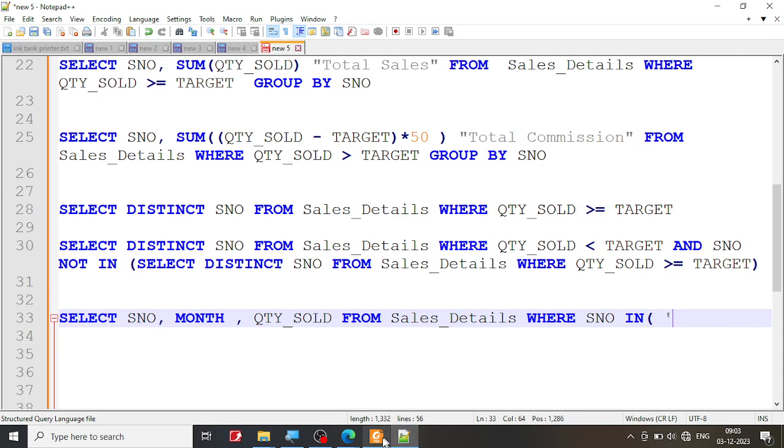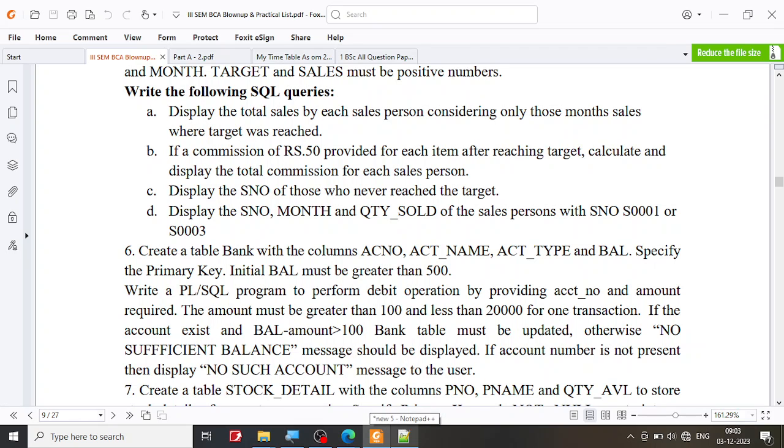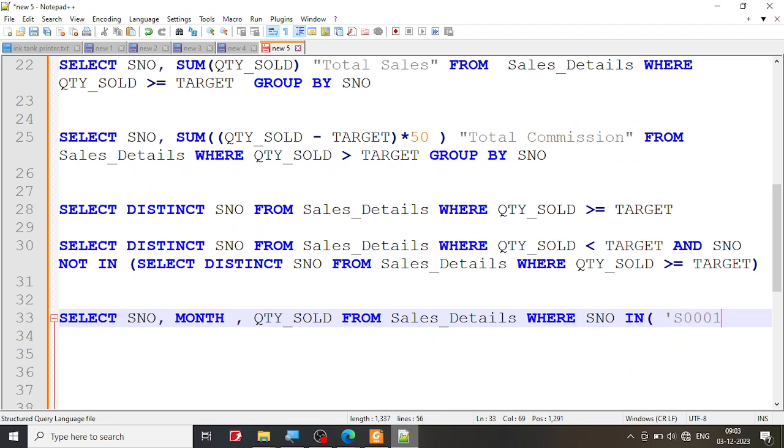So they have already given 001. I'm going to just copy from there. You know that I'm a bit lazy in typing the thing, so I'm going to just copy it. This is the first serial number, comma the second serial number. I'm going to just change this serial number as 003. That is what they have said.